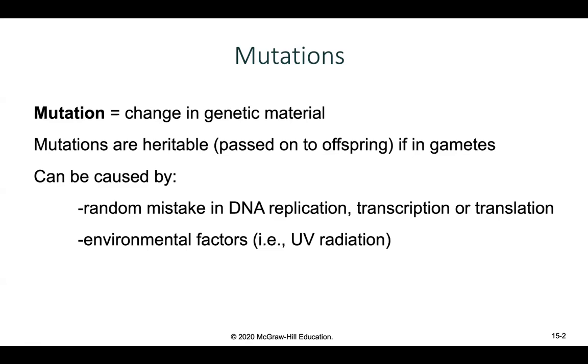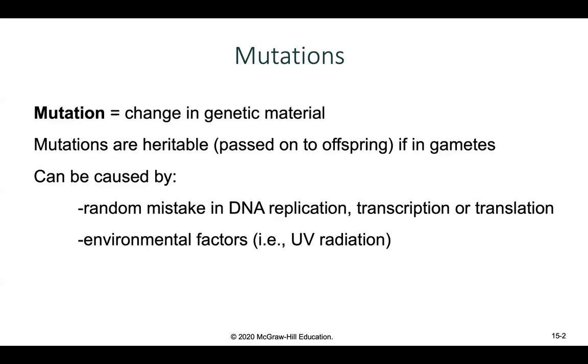And they can be caused by a couple different main categories. So it could be a random mistake in one of those processes we just covered: DNA replication, transcription, or translation. There's a lot of code reading that has to happen throughout all of that.